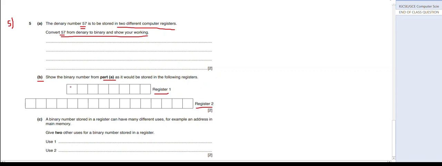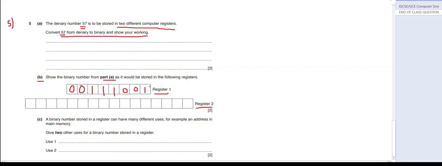The 8-bit register will be the answer that you got here: 0, 0, 1, 1, 1, 0, 0, 1. Now for the 16-bit register, when you have to show 57 in a 16-bit register, remember the bits to the left will all be 0, right?